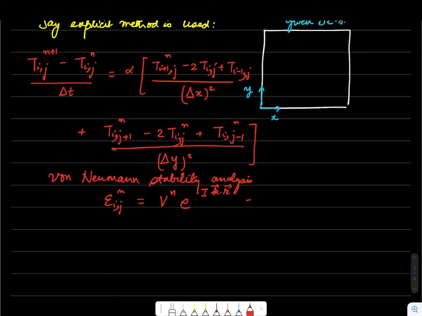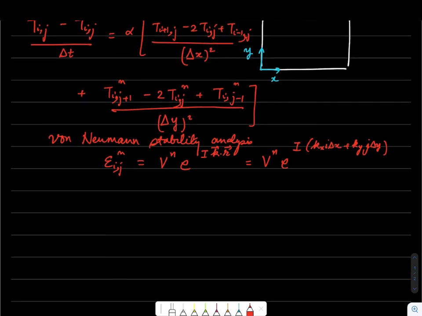So this could be written as V_n e to the power I (kx i delta x plus ky j delta y). And I will also use a notation that kx delta x is theta x and ky delta y is theta y.